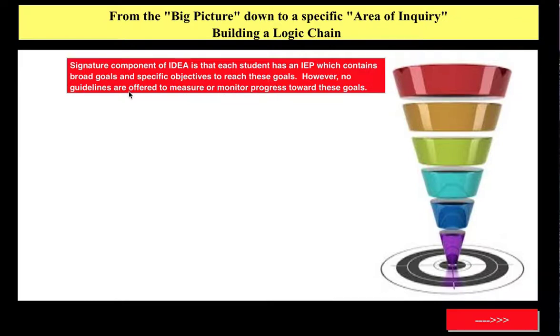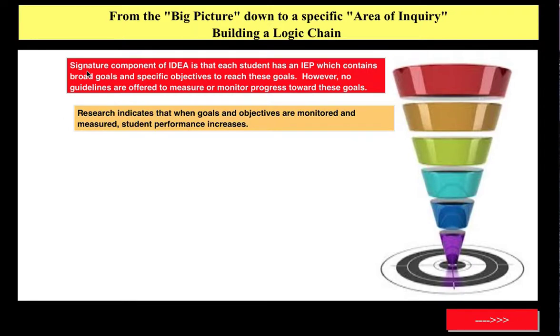However, no guidelines were offered by the law to measure or monitor progress towards these goals and objectives. Now, research indicates that when goals and objectives are monitored and measured, when you collect data on student performance in terms of goals and objectives, their performance increases dramatically.